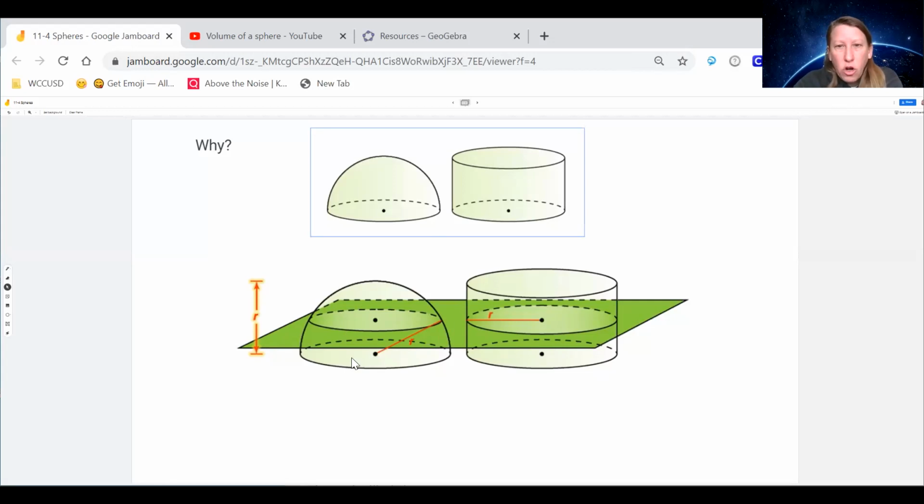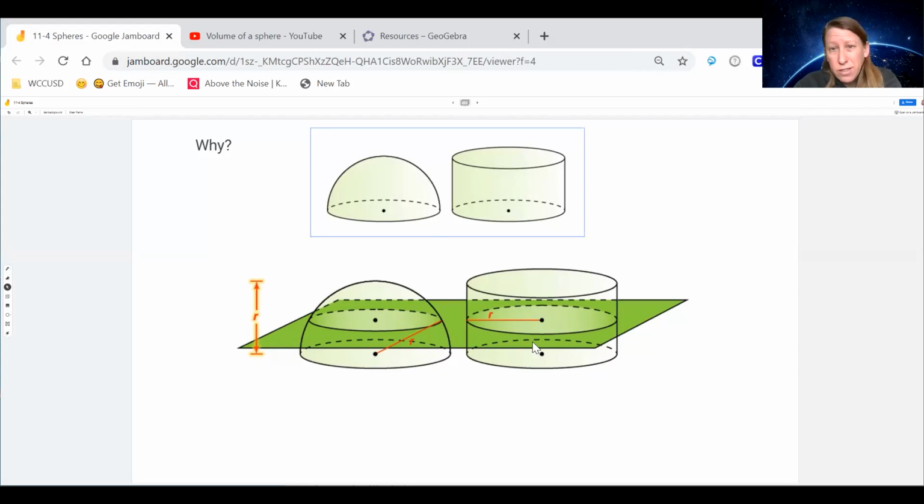And they compare the cross sections of the circle at the same height. And right now, this circle and this circle don't have the same area. This is a plane cutting through the hemisphere and the cylinder.